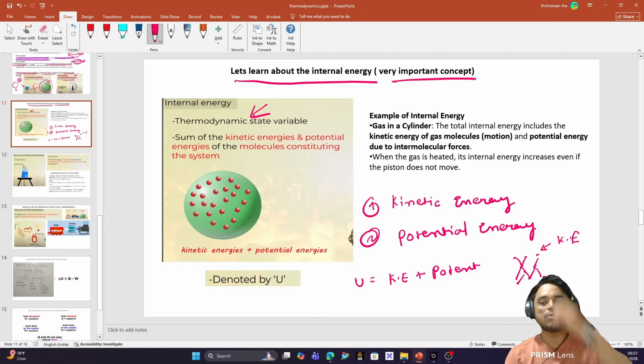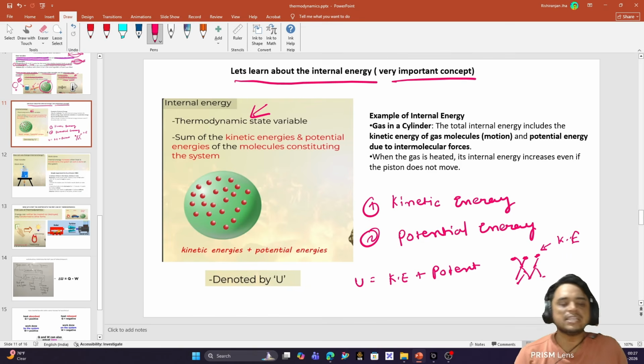How strong the bond is between the atoms or molecules is called potential energy, and the energy by which the atoms vibrate is called kinetic energy. So the internal energy of a system is the sum of kinetic energy plus potential energy, right?